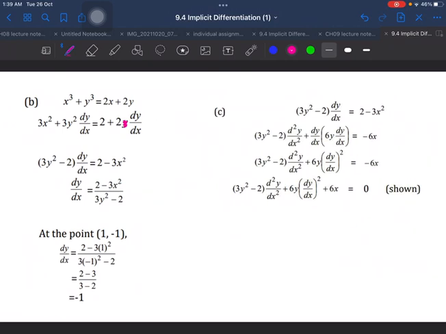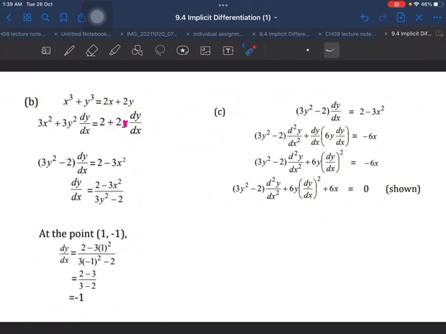Okay, we simplify. 3y square for the left side, and then minus 2 dy over dx.